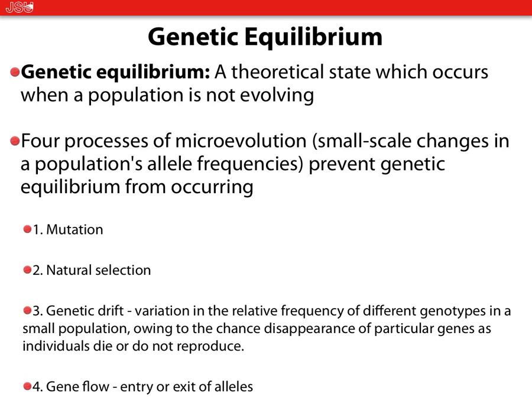Let's say in this population 10,000 years ago, we have 75% O alleles, 20% A alleles, and 5% B alleles.